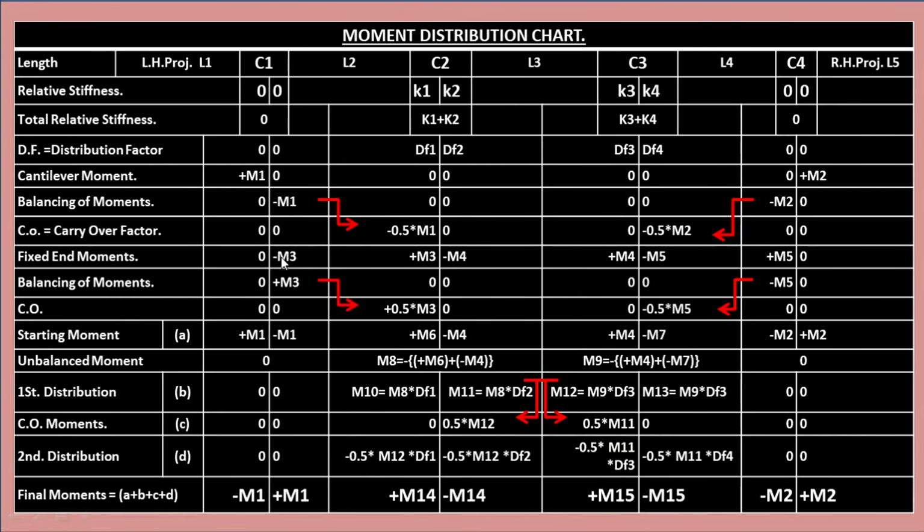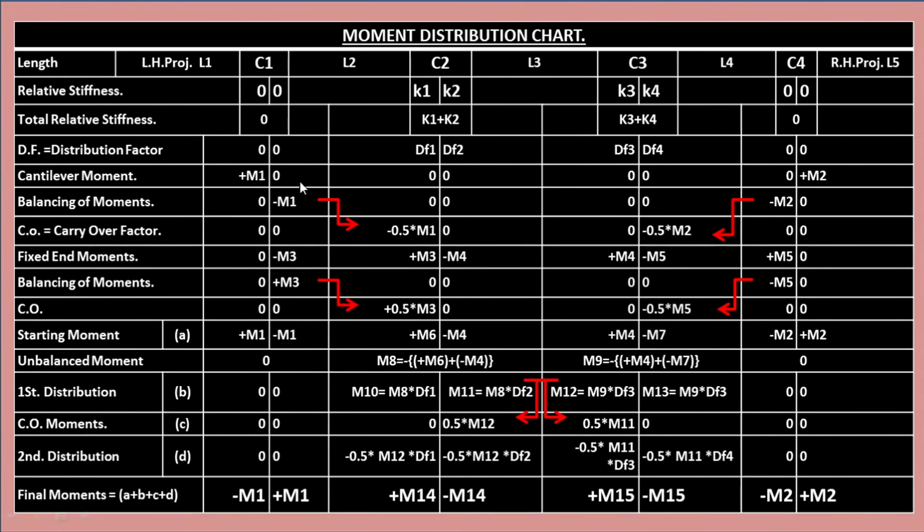This is minus M3 plus M3, minus M4 plus M4, minus M5 plus M5. Again, to balance this minus M3, we have to put here plus M3 and here minus M5, and it will carry over to C2 half of plus M3, and minus M5 will carry over here half minus half M5.